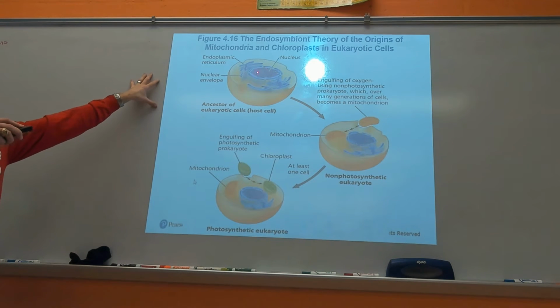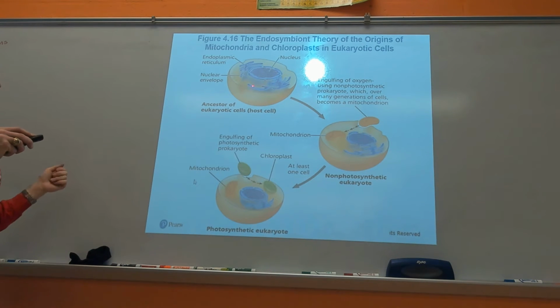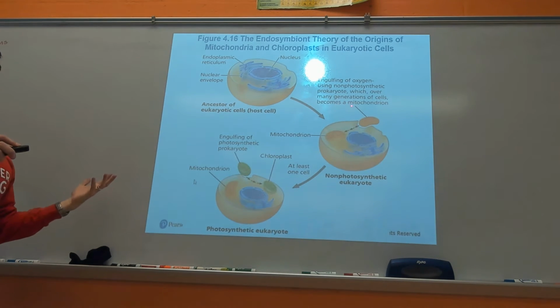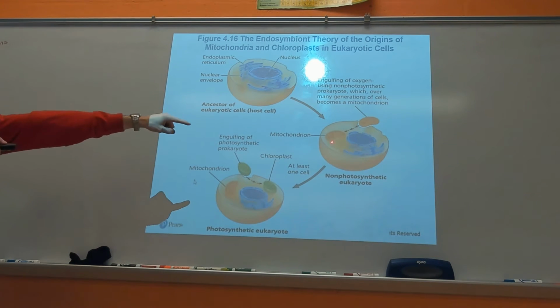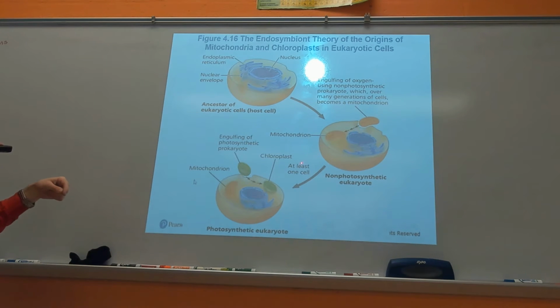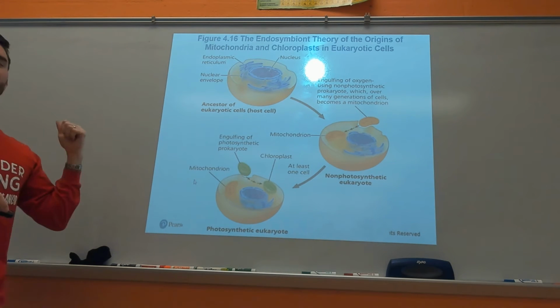So you have the endomembrane system we went over in 4.4, and then at some point, in the evolution of life, a mitochondria got engulfed by phagocytosis into that ancestral eukaryotic cell. Basically, this gave this cell an evolutionary advantage.